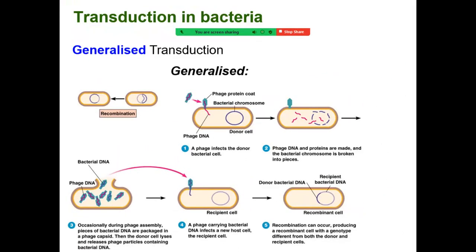All right. So the important point is that transduction, transformation, and sexual conjugation can bring new DNA into a cell, which will then change the phenotype of this cell. And this will happen at 10 times the rate for either sexual conjugation, transformation, or transduction.